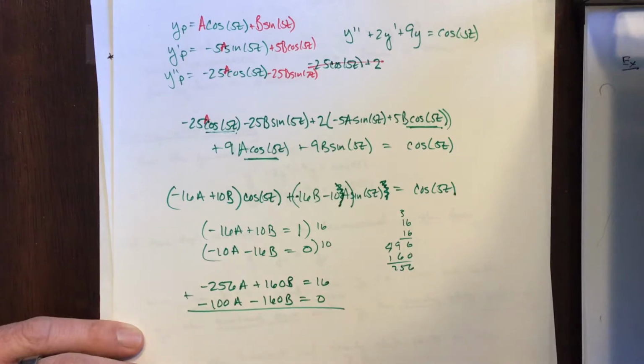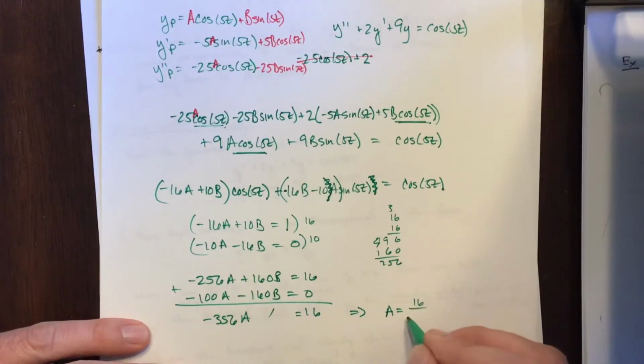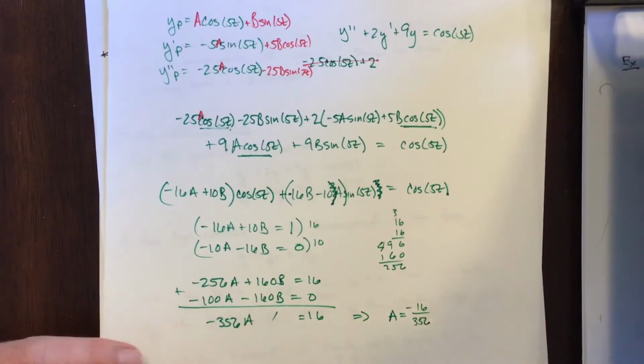So if we add these equations together, the B terms drop out, and we get negative 356A equals 16. So that implies that A is equal to negative 16 over 356. Okay, so if that's true, then how are we going to find B?